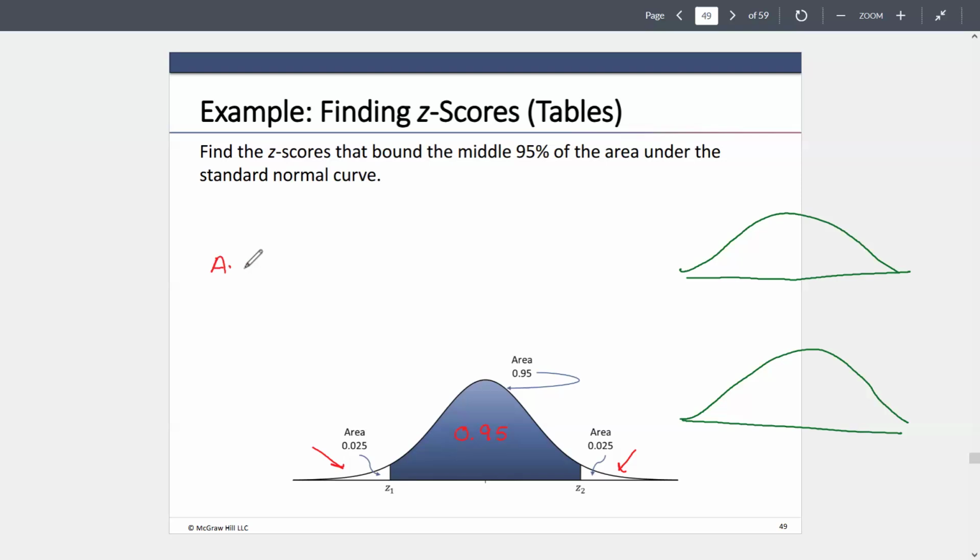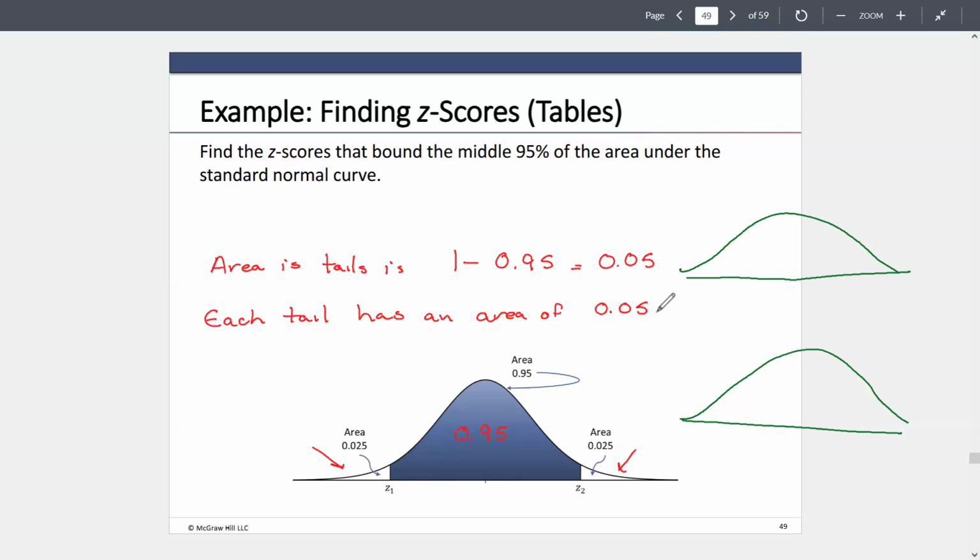So area in the tails. Remember, 1 represents everything, but I'm taking out that 95% in the center. So the area left in the tails together is 0.05. That means each tail has an area of 0.05 divided by 2, because we have two tails with an even area.